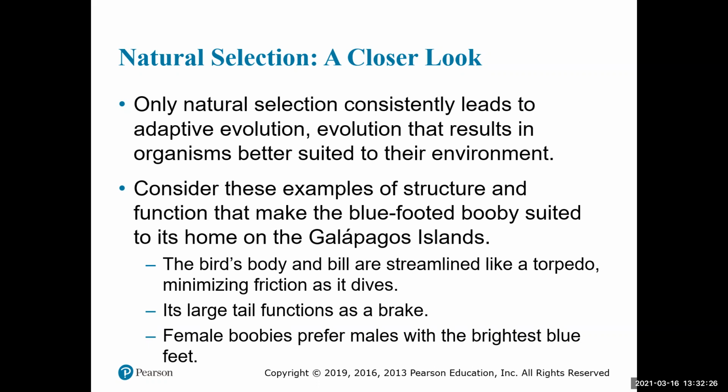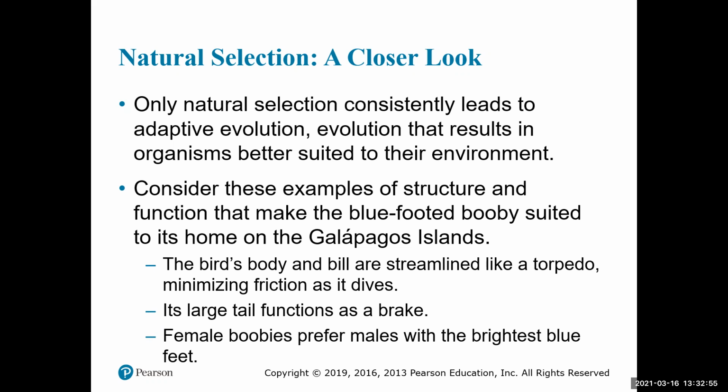Let's think about a blue-footed booby who lives in the Galapagos Islands. The bird's body and bill are streamlined, so it can minimize friction and increase aerodynamics as it dives. And it has a large tail that functions as a brake, so it can spread its tail out and push it down to help slow down in the aquatic environment.